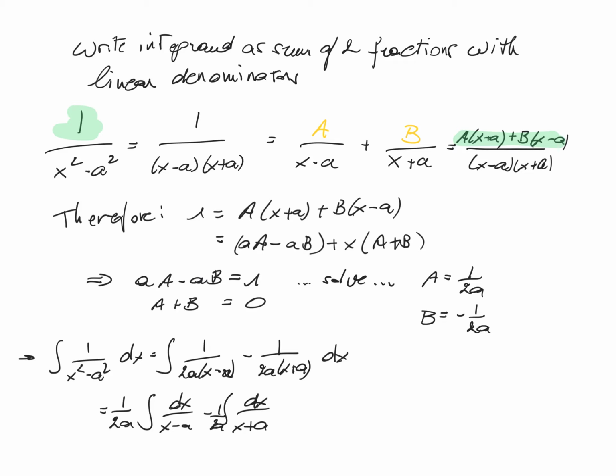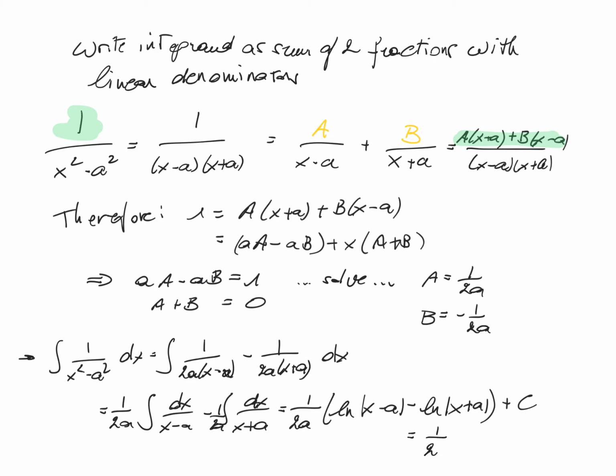Both integrals are easily solved. They will be logarithms, so we obtain 1 divided by 2a times (ln of x minus a minus ln of x plus a), with the brackets, plus a constant. And then we use a basic logarithmic formula. So we know that a difference of logarithms is a logarithm of the fraction.